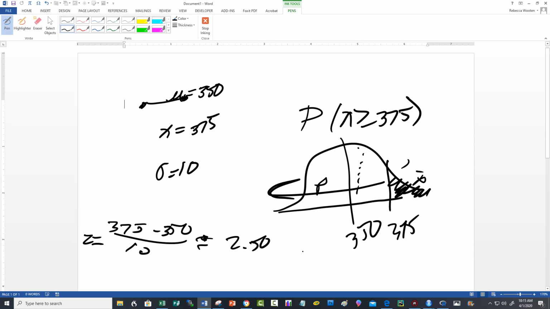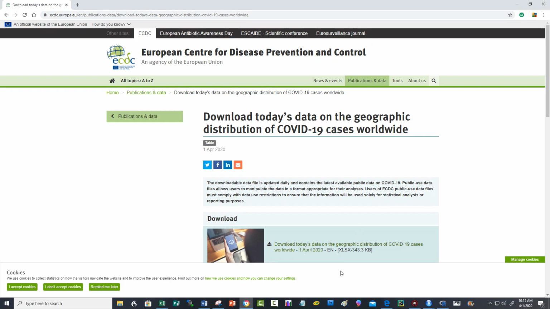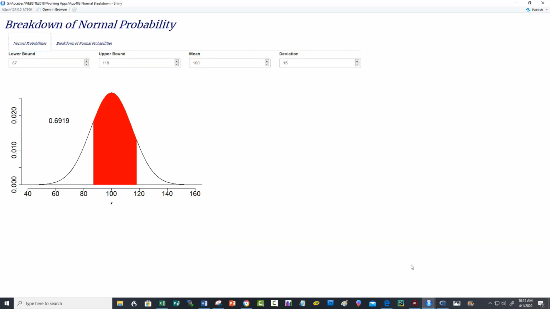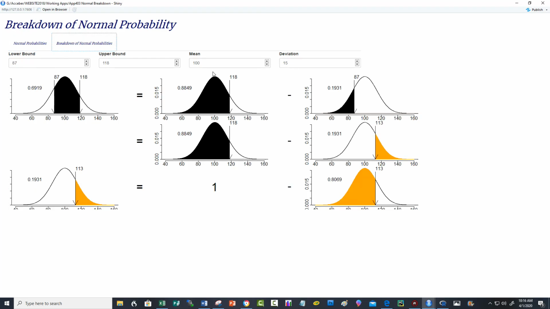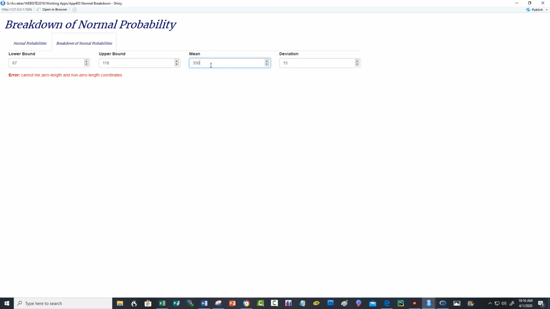And so if we go to our app, that's not the app, that's the data. We would want to say, what is the likelihood that, well, let's go ahead and go to the breakdown. We know the mean was 350. The lower limit is going to be that 375. And the upper limit, well, we didn't specify, so we're just going to have to keep going to a very large number.